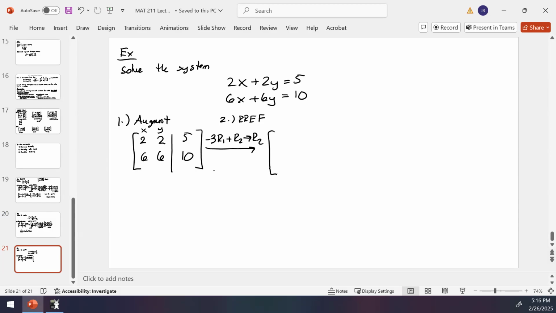So I get -6, -6, and -15. Oh, that should be a 15. There we go. I'm just going to write that down. And then 6, 6, and 15. If I add these together, 0, 0, 0. So no changes there. We only did that temporarily. And then we got 0, 0, and 0.